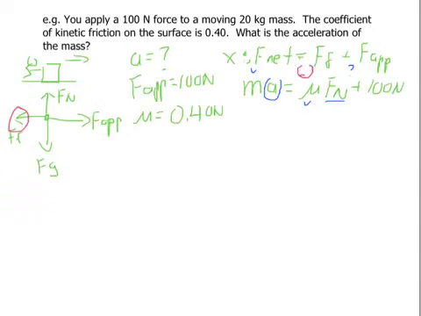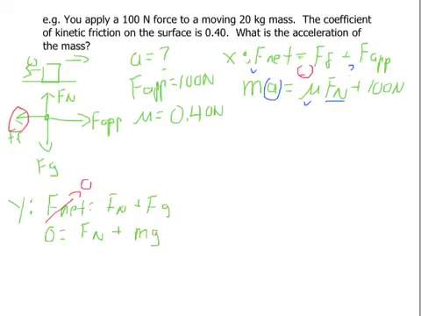We're given the mass, we're given mu, however, we don't have the normal force yet. So let's look at the y direction now to see if we can find a normal force. In the y direction, our net force equation is Fn, normal force, plus Fg. The box is not accelerating in the vertical direction, so that is equal to 0. Fn, we can substitute Fg with mg, but it's actually negative mg because Fg is going down.